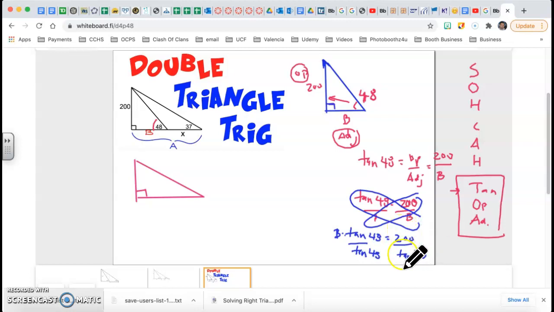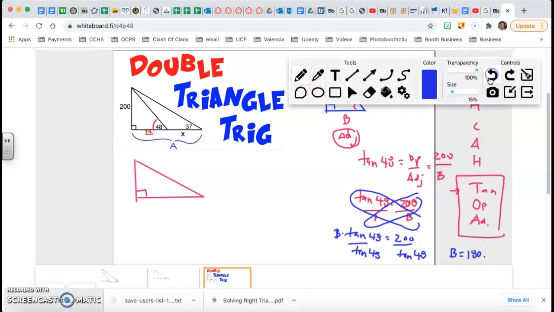Now 200 divided by tangent of 48 is going to give me, in my calculator, 180.08. I didn't give any units here, so let's pretend these are feet. So it's going to be 180.08 feet, and that will be B.